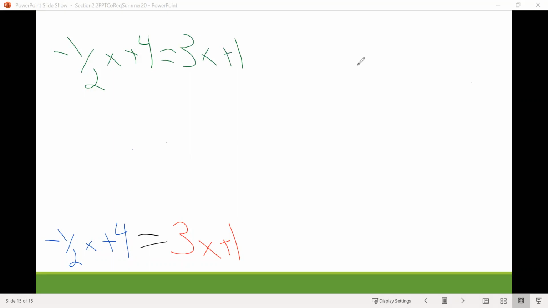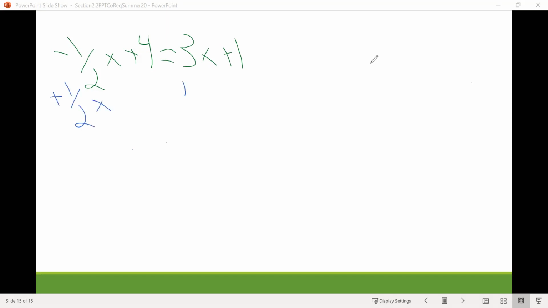And we need to solve for, or isolate, x here. To do that, we first need to get all terms that have x's on one side of the equation, and all terms that do not have x's on the other side. In this case, I'm going to move the negative 1/2 x to the right-hand side, since it's negative and the 3x over there is positive.